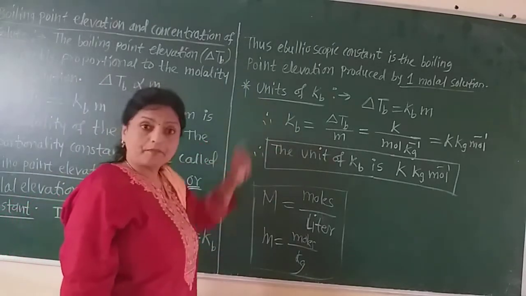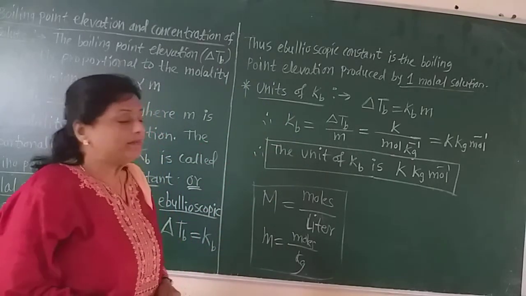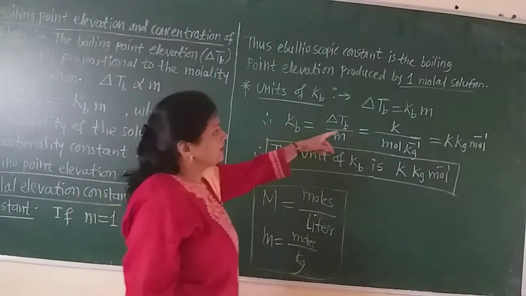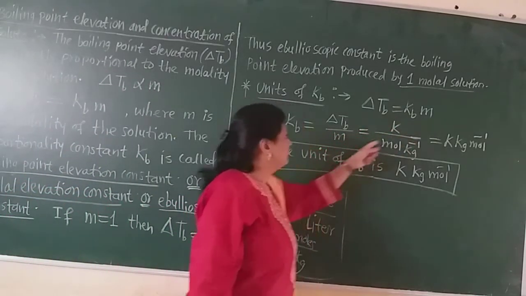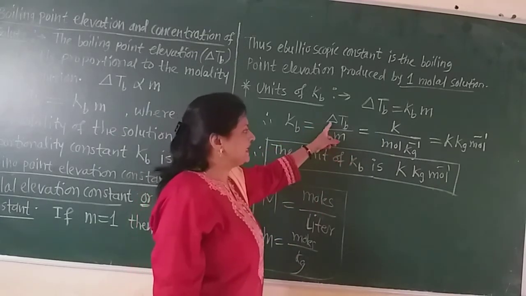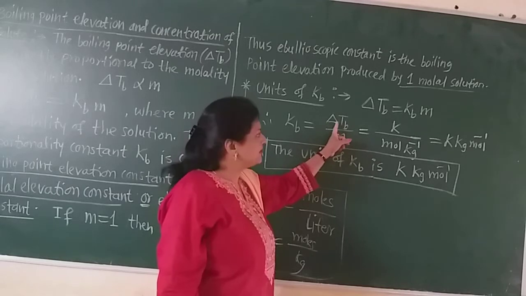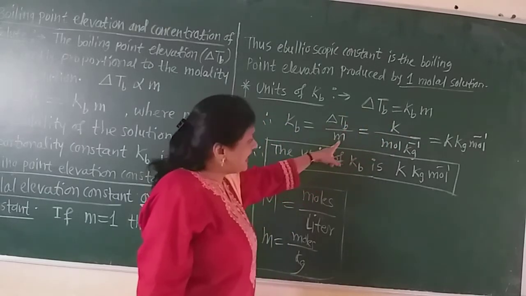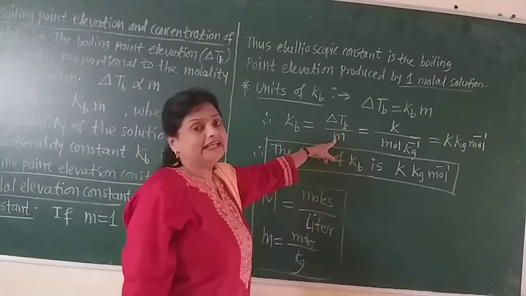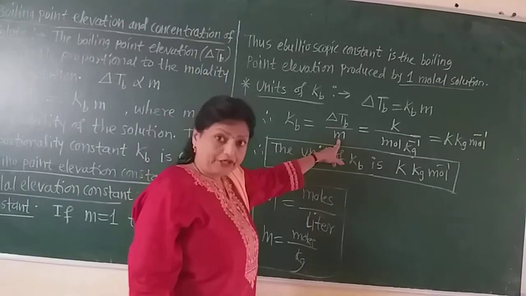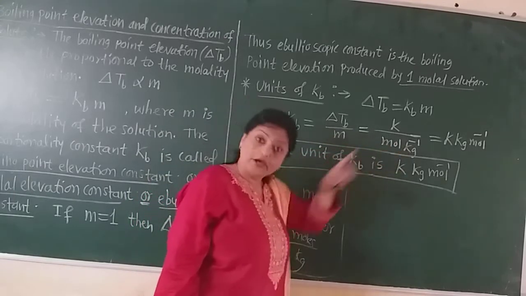Now units of Kb. Delta Tb is equal to Kb into m. So Kb is equal to delta Tb divided by m. Delta Tb is the temperature difference that is measured in Kelvin, and m is the molality, the concentration unit, and the unit of molality is moles per kilogram.